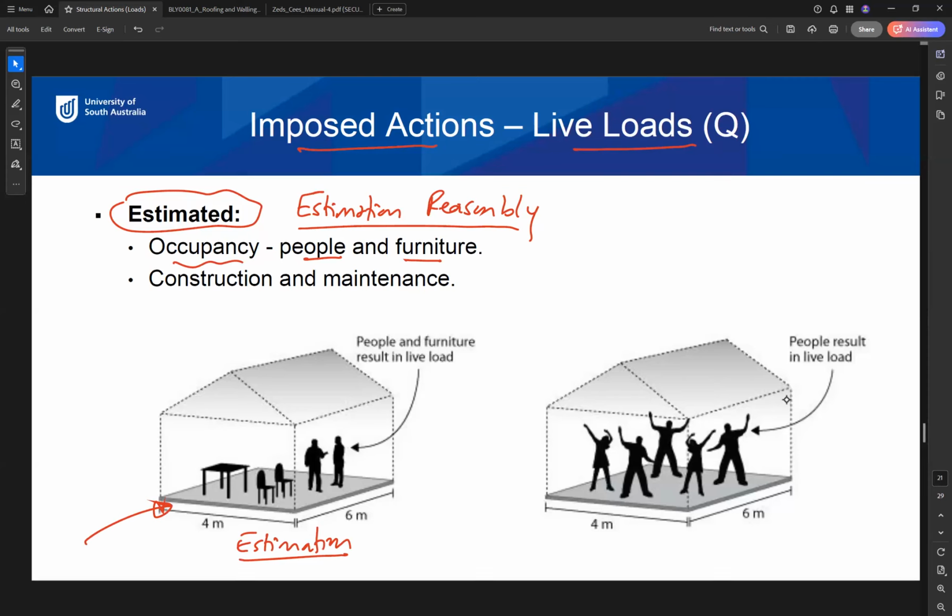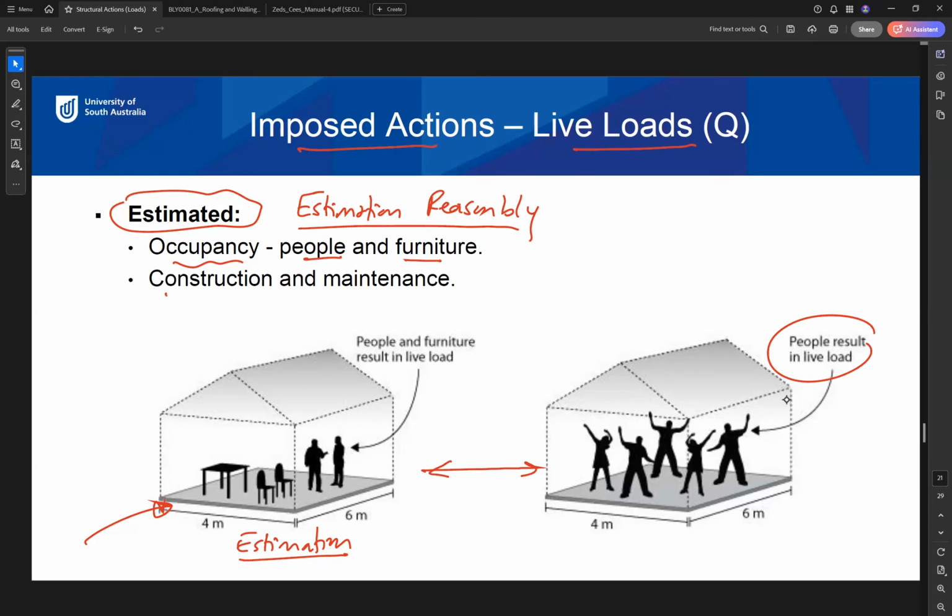For example, on normal days there is a family of 4 or 5 people living in the house, but in some cases these people invite other families or make a party in the house. So the live load is not an exact value, and it can change due to any unexpected event. So you need to make sure that your estimation covers any other activities different from the actual value. That's why we can mention this is an estimated value.